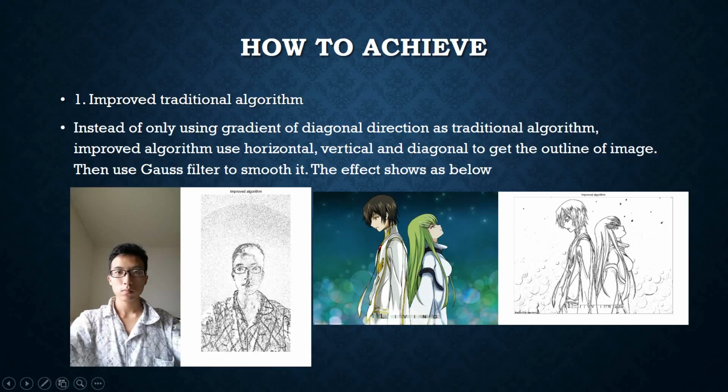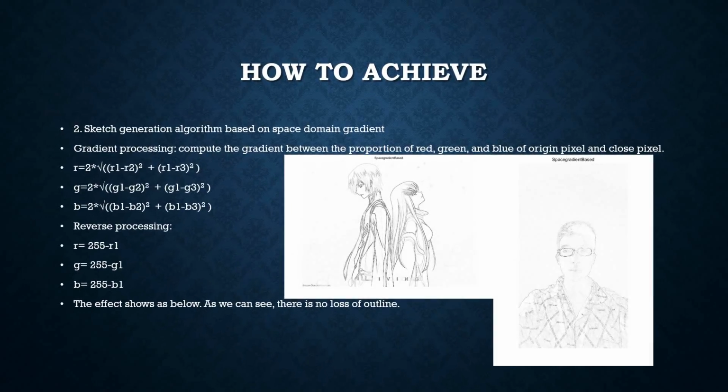But when it comes to the 2-dimensional, like the right picture, it can generate the sketch almost perfectly, but there is something lost of the little circle of their outline. That's the flaw.